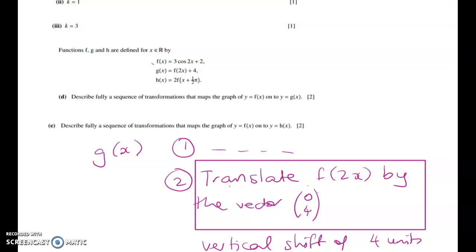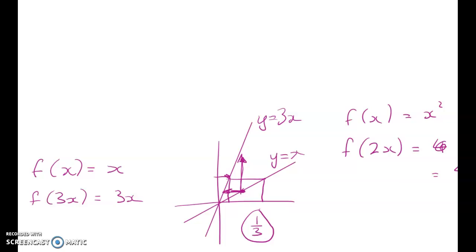So f of x is blah, blah, blah, and now this is 2 times f of (x plus 1/2 pi). So we had f of x, and then we had f of (x plus 1/2 pi).